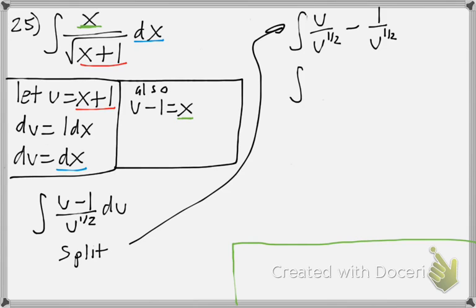And if I simplify that, that's u to the 1/2, because 1 minus 1/2 is 1/2, minus u to the negative 1/2, because it was on the bottom. Again, this is du.